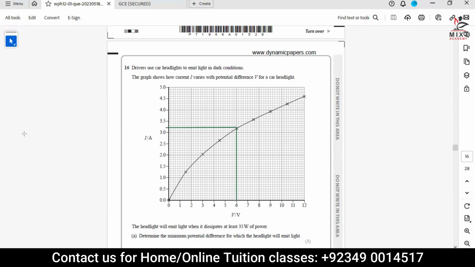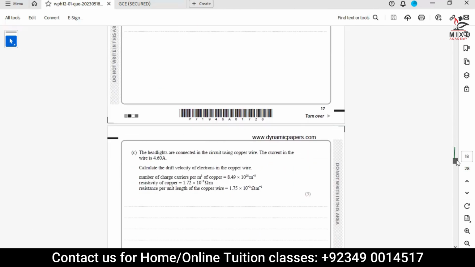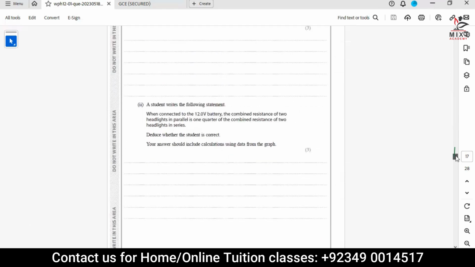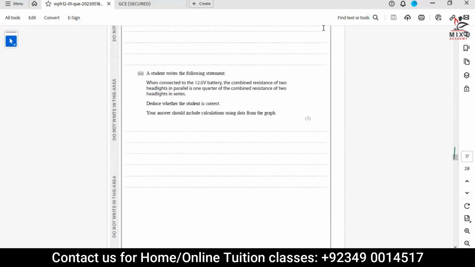Now we come back to the question. The resistance for the parallel is 12 volt divided by 4.5.